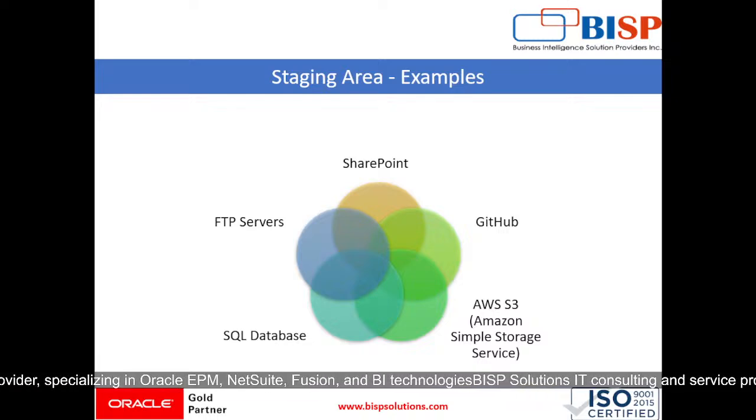So in summary, a staging area ensures that the data is properly prepared, transformed and tested before being moved into the final system. And tools like SharePoint, GitHub and cloud storage platforms offer flexible options for storing and managing the migration process.